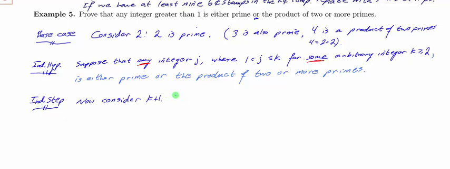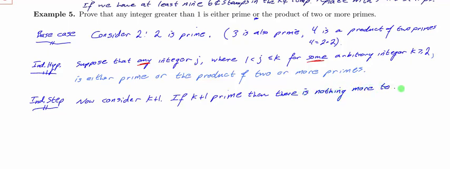So if k plus 1 is prime, then we're done. You either just say that, or if you want to sound a little bit more formal, then there is nothing more to show. It's a prime, so that falls into one of the cases of what we're looking for in our conclusion.